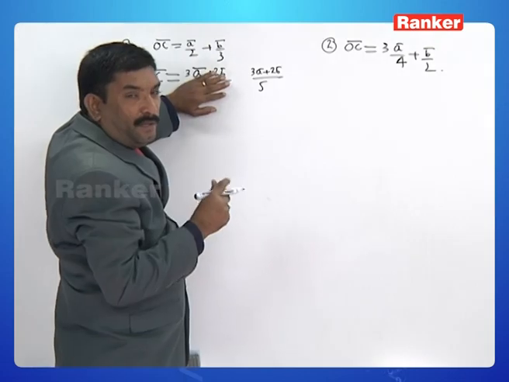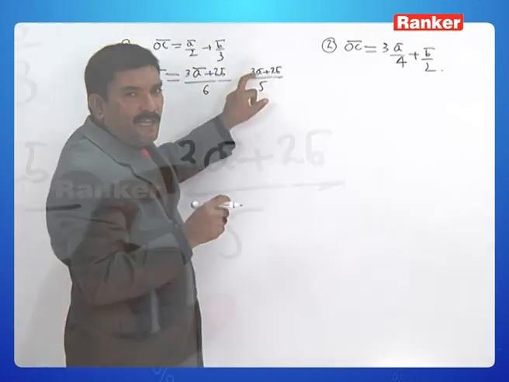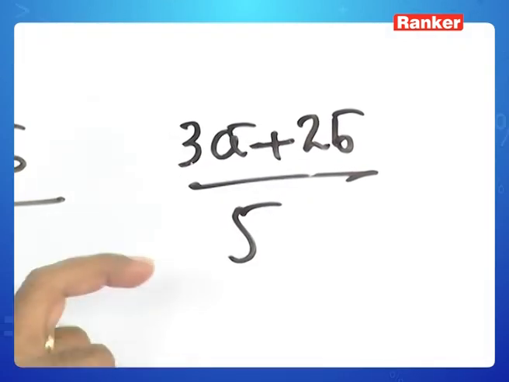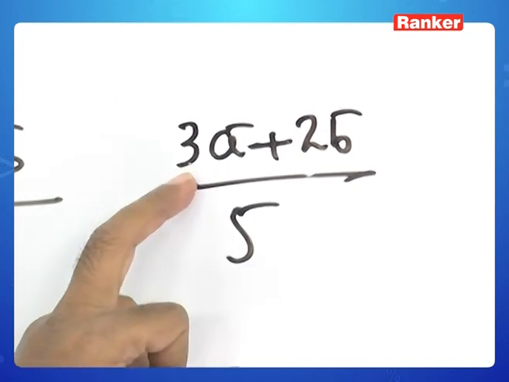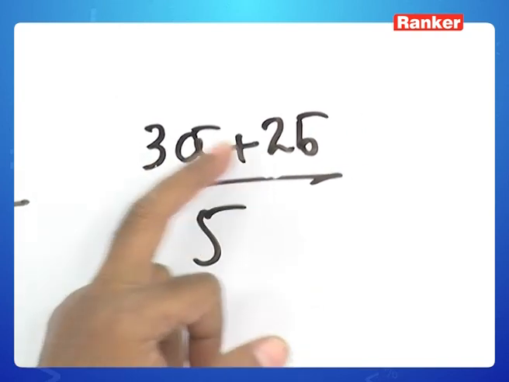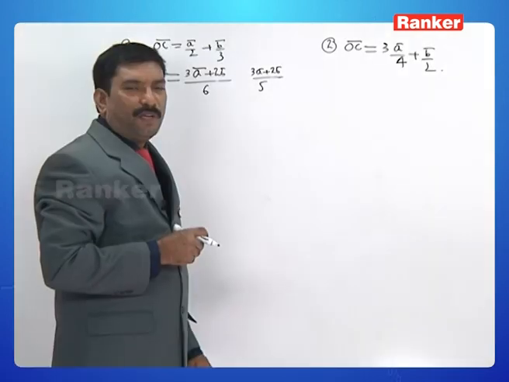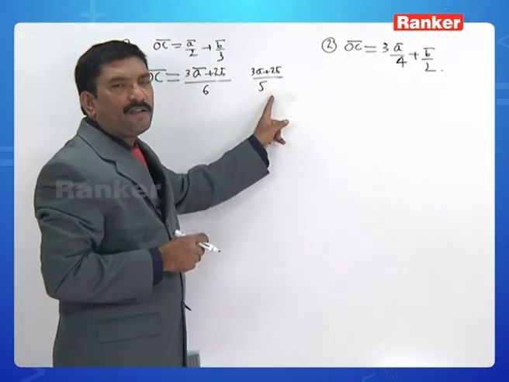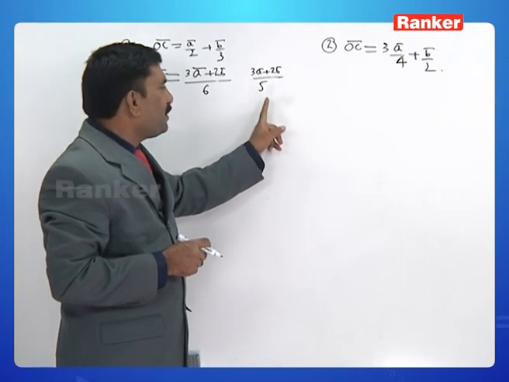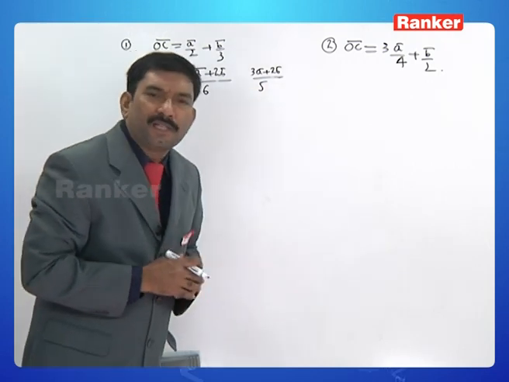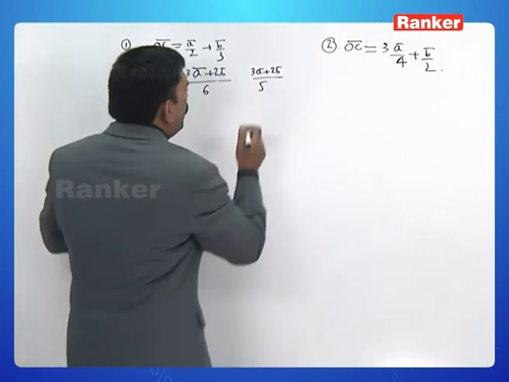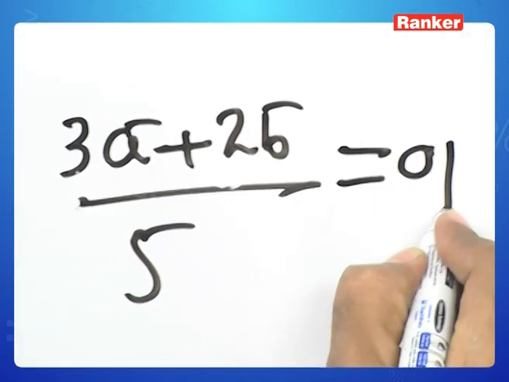Why? MB bar plus NA bar by M plus N. What is M? 2. What is your N? 3. M plus N is 5. We know this position because this is the position vector of a point which divides in the ratio 2:3 internally. So now I take this as OP bar.